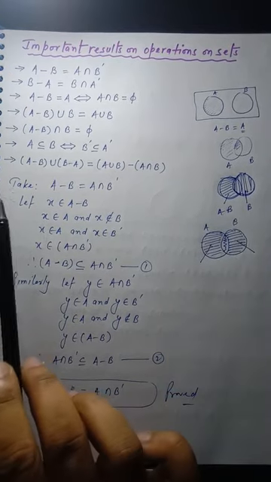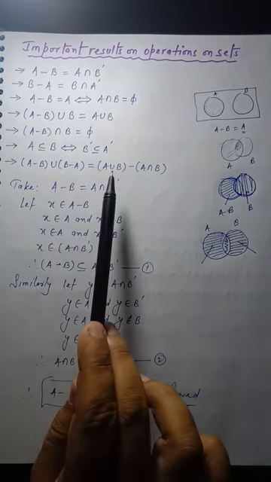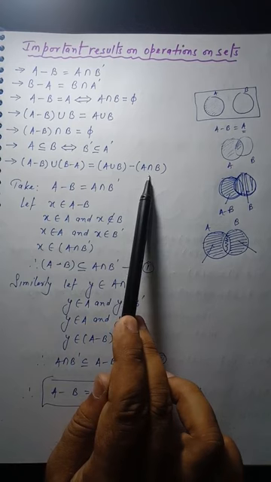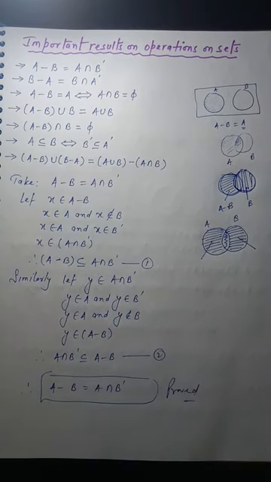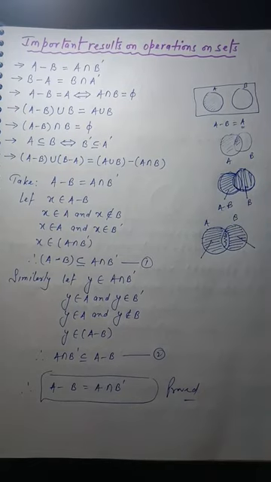So that's why I have written A minus B union B minus A is equal to A union B minus A intersection B.